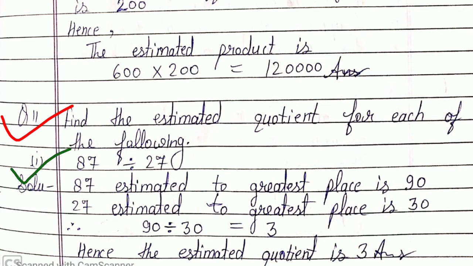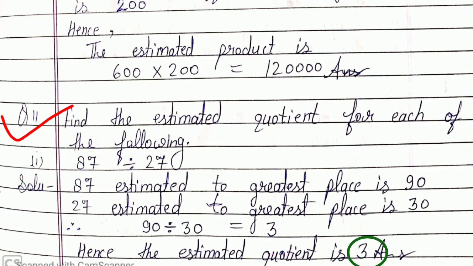First part, 87 divided by 27. 87 estimated to the greatest place is 90 because it is a 2-digit number, so we can round off to the nearest 10. 27 is also a 2-digit number, so the estimate to the greatest place is 30. Therefore 90 divided by 30 equals 3. Here the estimated quotient is 3.